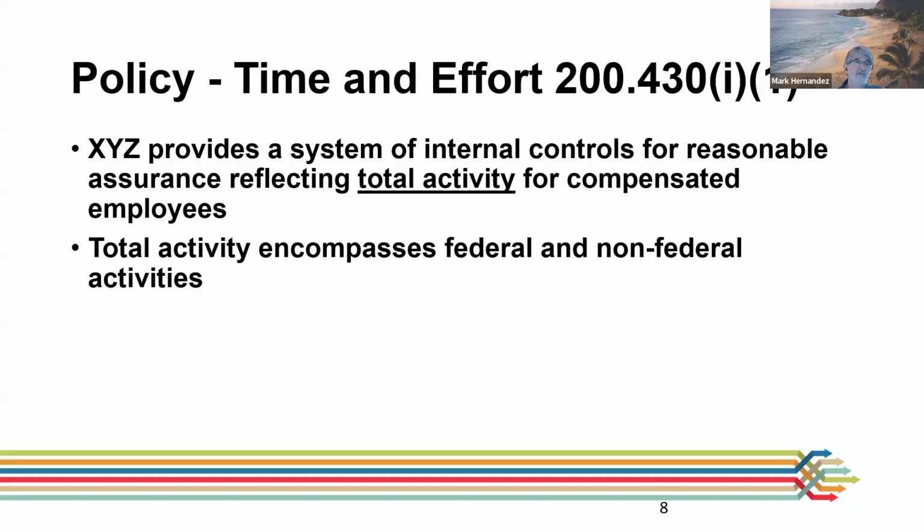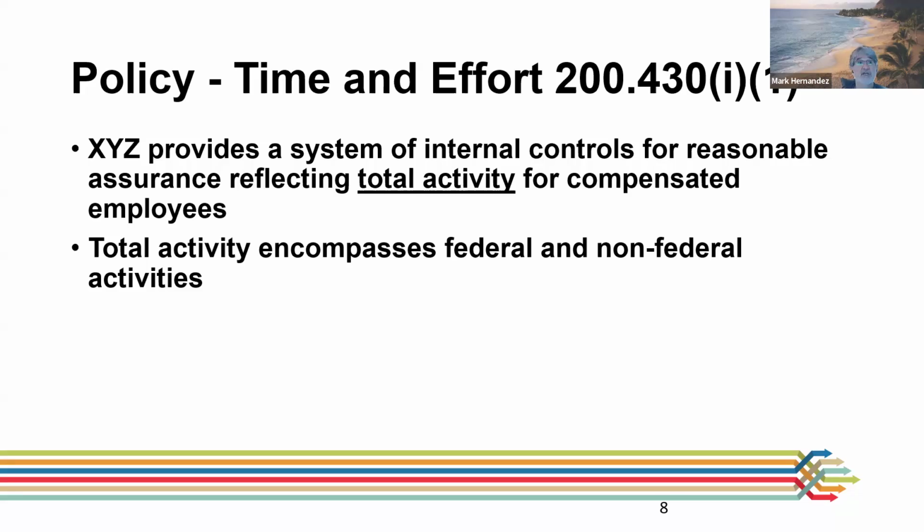In this case, when you look at that, we're talking about the AYZ provides a system of internal controls where it provides reasonable assurance to reflect the total activities for the compensated employees. That means we have a system of internal controls, which are typically timesheets or electronic timesheets or whatever, time and effort reports.